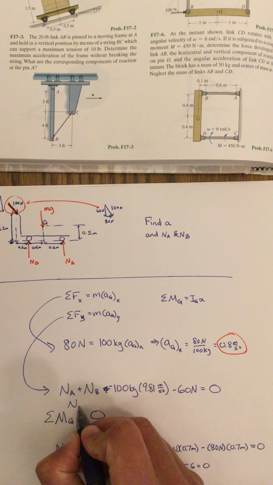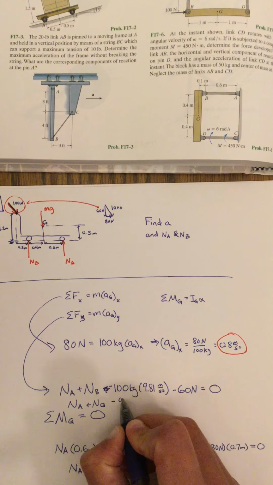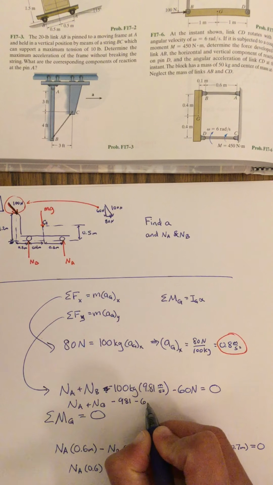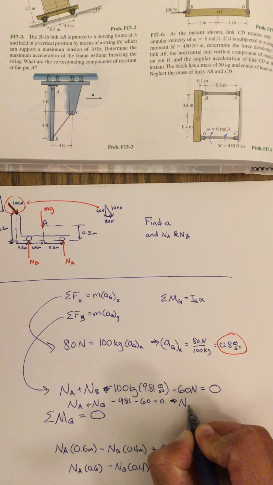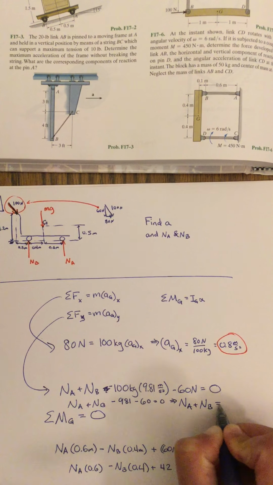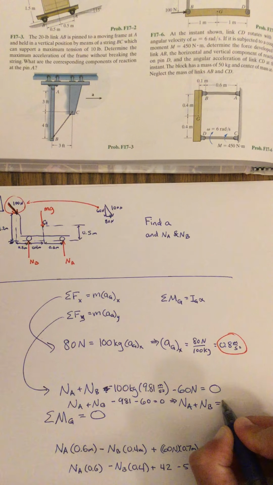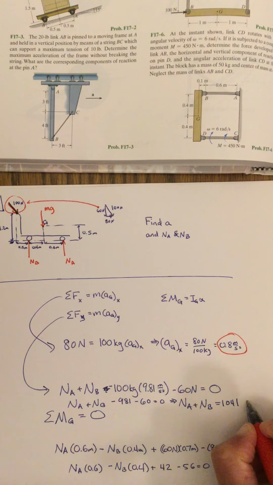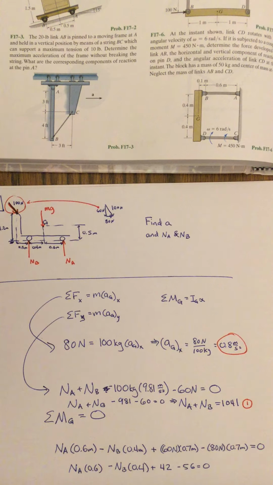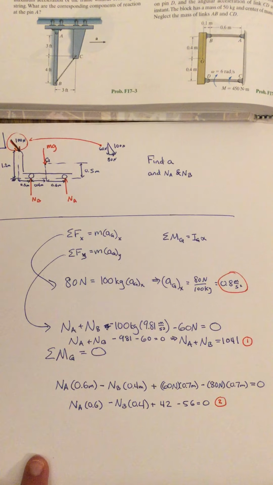And let me write that as NA plus NB minus 981 minus 60 is equal to 0, or I could write that as NA plus NB equals 981 plus 60, which is 1041. I'm going to bring that over to the other side so it's positive. Okay, so now let's call this equation 1, and we'll call this equation 2. You can solve those two equations however you want in order to find your two unknowns.